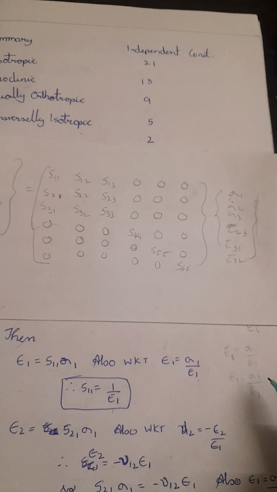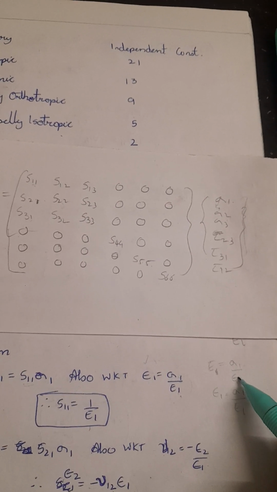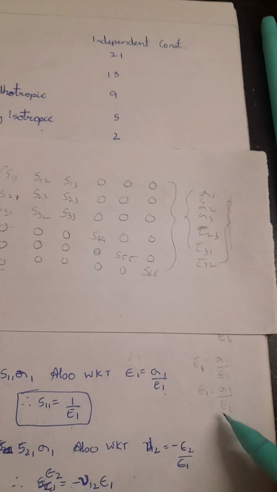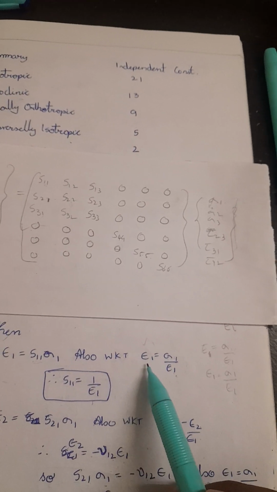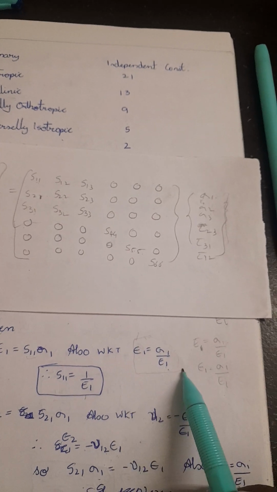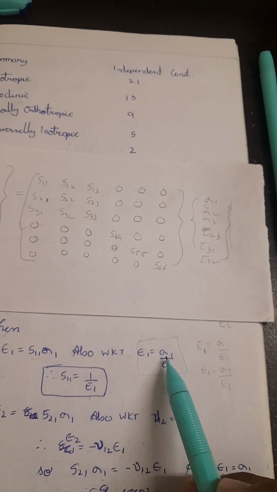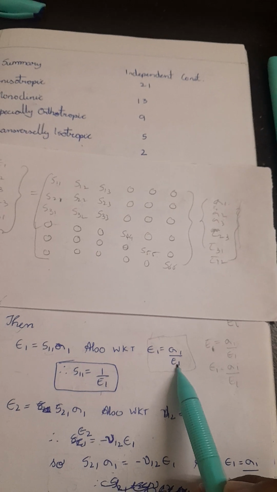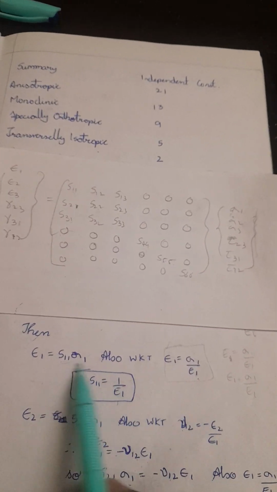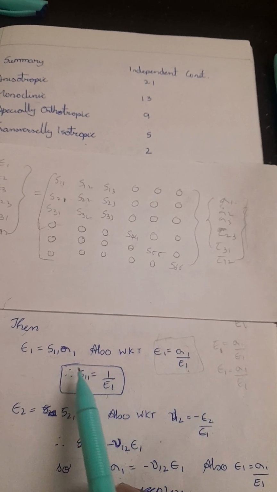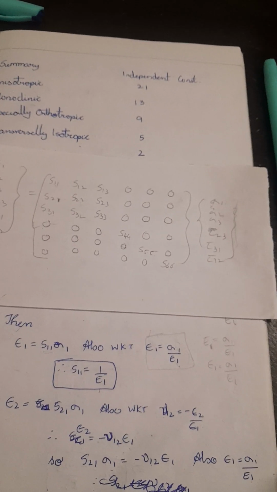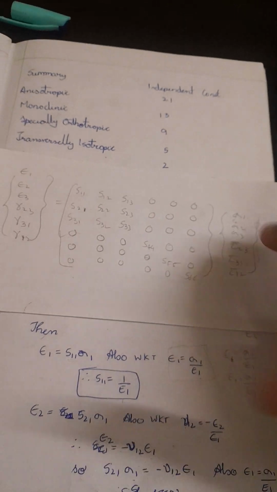Similarly, we can write strain 1 as the ratio of stress and modulus of elasticity, nothing but stress by modulus of elasticity. Now if I equate both of them, I am left with S11 as nothing but 1 by E1, because the stress terms get cancelled. Perfect. So far so good.